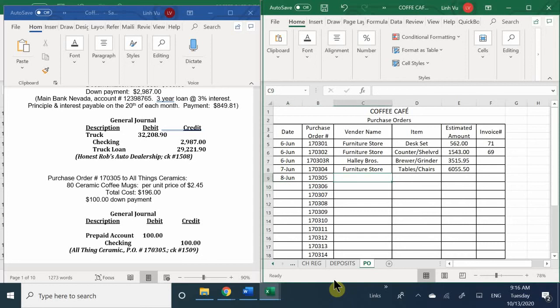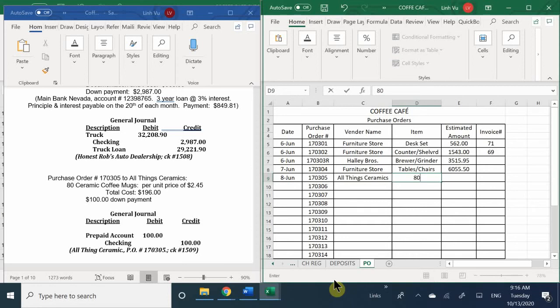Who's my vendor I am buying from? All Things Ceramics. And what am I expecting to have? 80 coffee mugs. We need 80 coffee mugs.